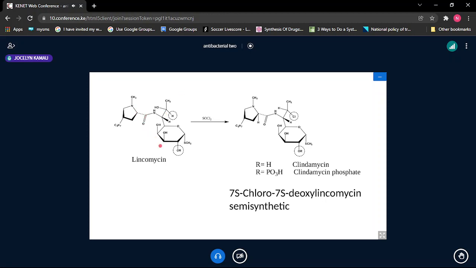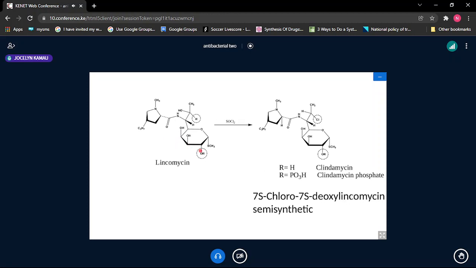Then it is also joined to a very unique sugar, in fact because it's a thio sugar. This is just a sugar like any of the other sugars we've looked at, like glucose, a 6-membered sugar with that oxygen. You can see that hydroxyl group.